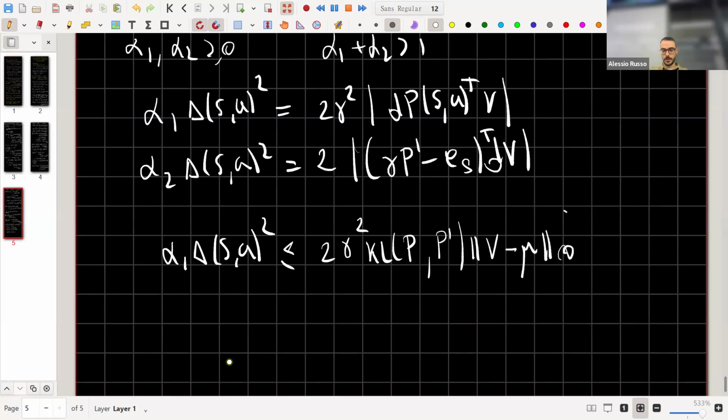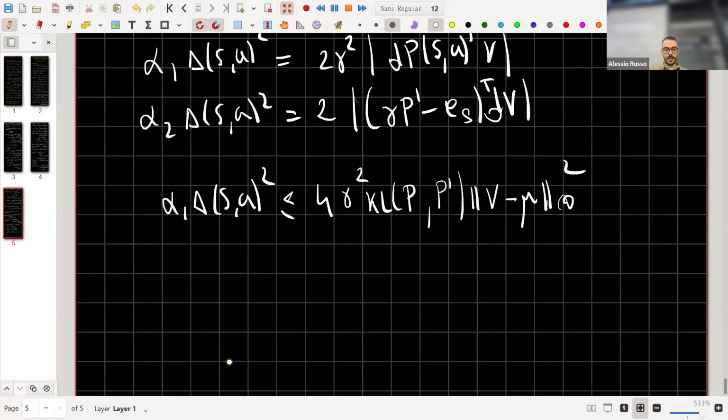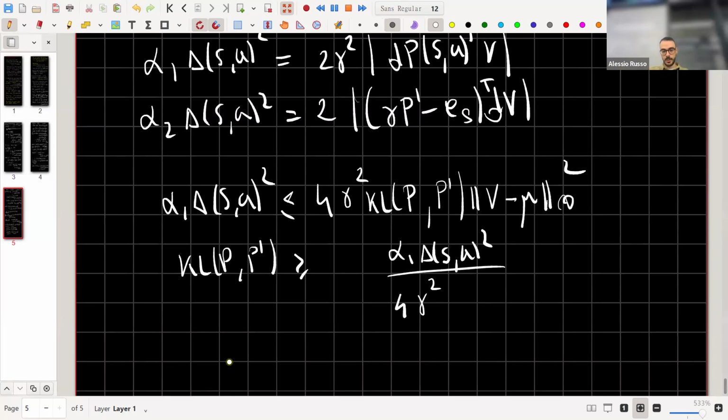Also, I will not write the dependency on the state and the action. There is also a factor 2 that appears, so this is 4 actually. Okay, so we have this term, and we can lower bound the KL. So KL P prime is lower bounded by alpha 1 delta SA squared divided by 4 gamma squared times the infinity norm of V minus mu.